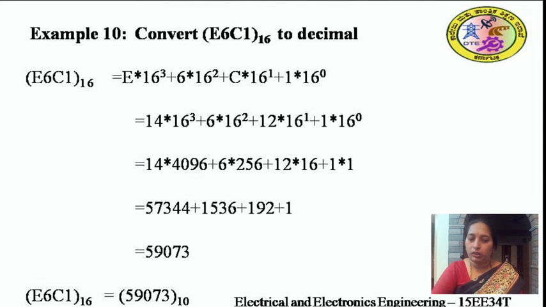This is similar to binary to decimal conversion, where we multiplied each digit by 2 raised to the power 0 to n minus 1. Here we multiply each digit by 16 raised to the power up to n minus 1.